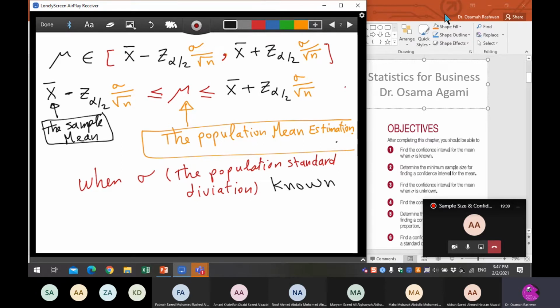What about if it is not known? Don't worry. If sigma is unknown, we replace it by S under one condition. What is the condition? n greater than 30. What is n? The sample size.